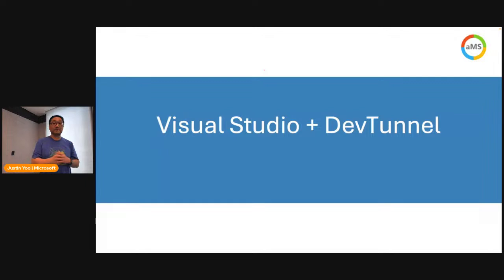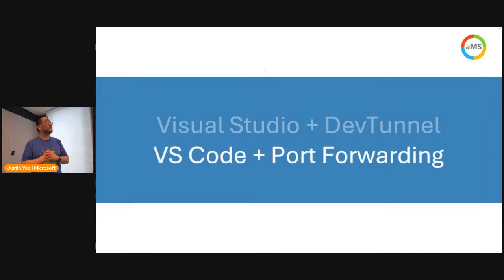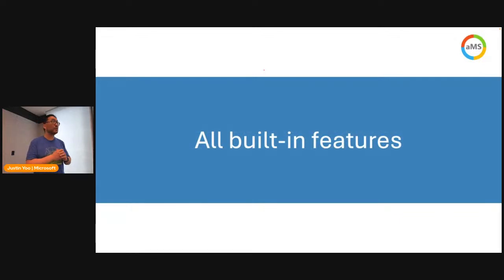Dev Tunnel is actually the same thing. And if you use Visual Studio Code, there is a feature called port forwarding. Basically, Dev Tunnel and port forwarding are the same thing. We use the secure Dev Tunnel, and these are all built-in features, so we don't have to worry about using a third-party application like ngrok.